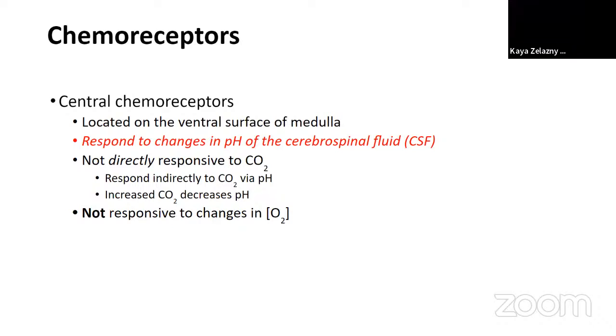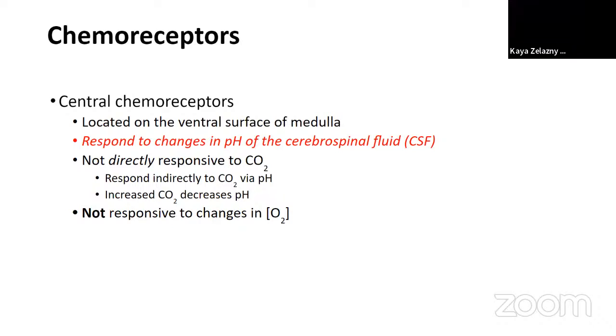Now, we don't directly respond to CO2 if we're a central chemoreceptor. What's happening is that there's an indirect relationship with CO2, mediated by the pH. We're not directly shoving a bunch of carbon dioxide into the cerebrospinal fluid.